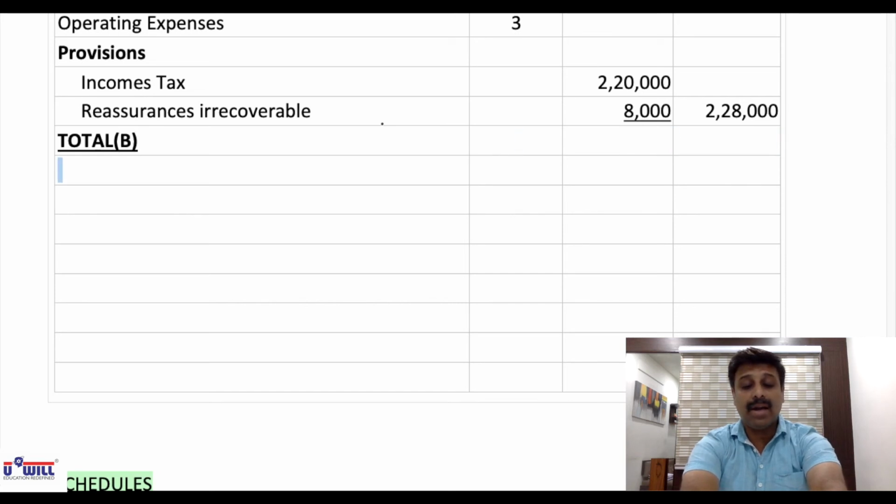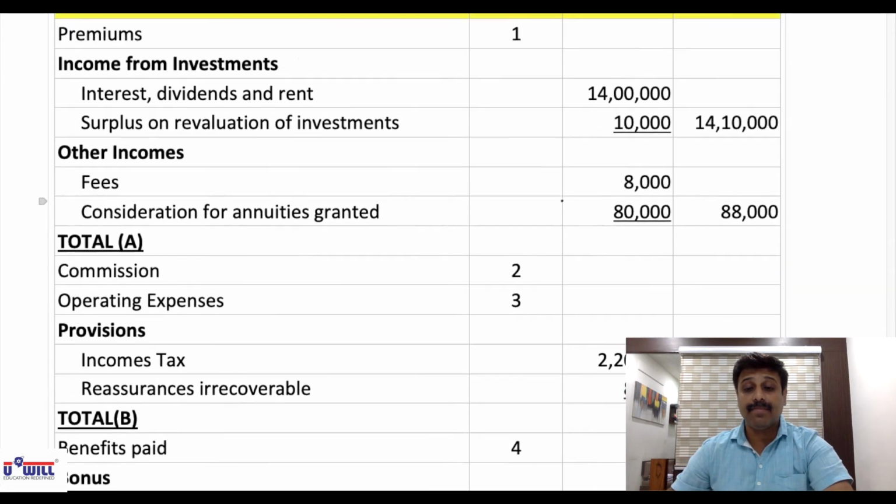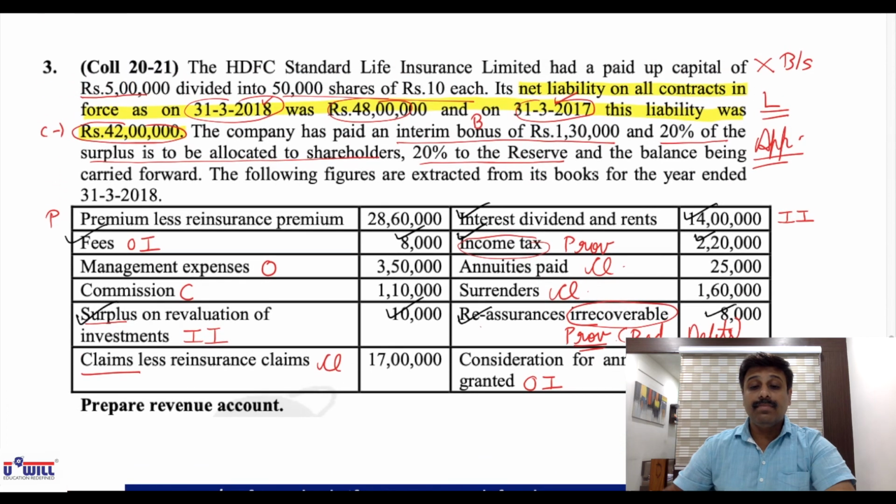Then we have third part, benefits paid, that we will show in detail in schedule 4. Then we have bonus. Now all the items marked as B will be taken here. In the first paragraph we have this interim bonus of 1,30,000.